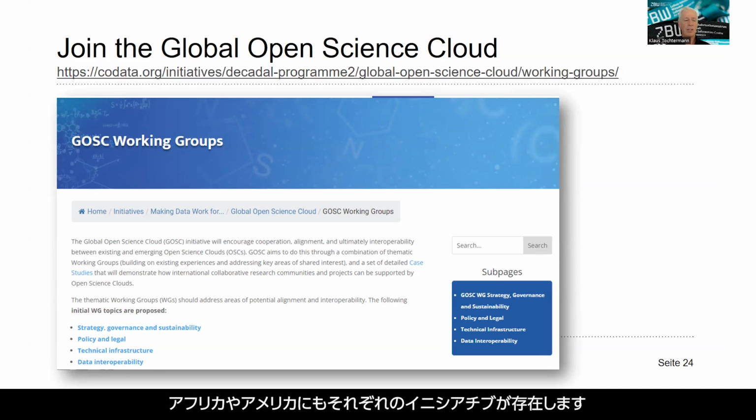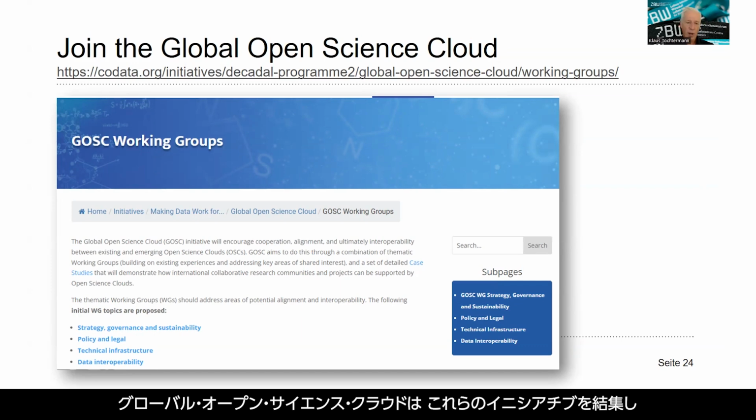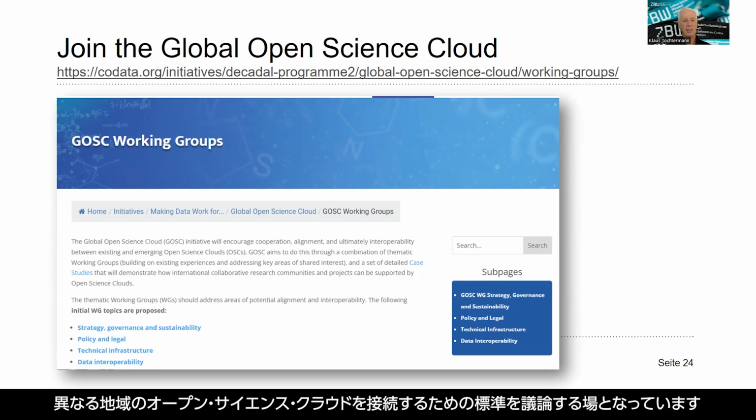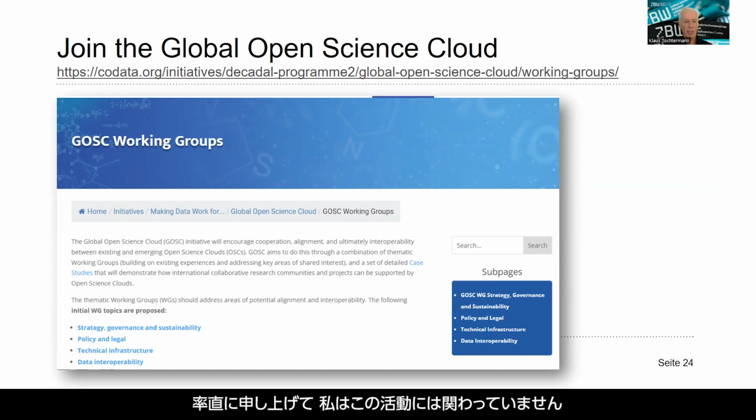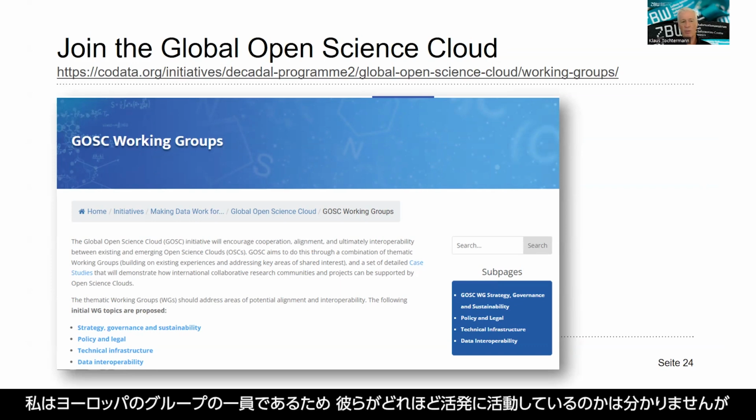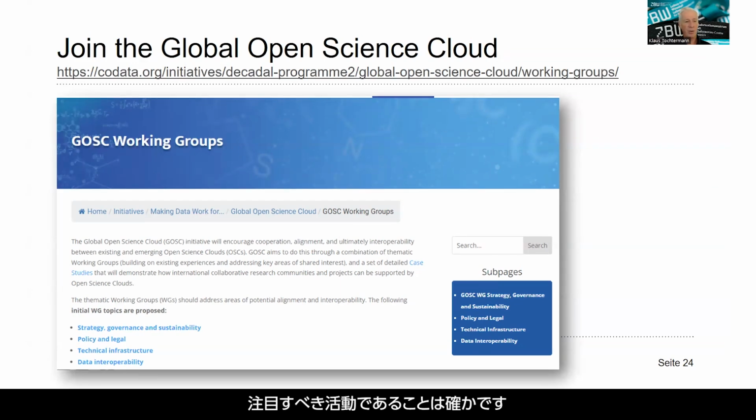We have an initiative in Africa. We have an initiative in the US. And the Global Open Science Cloud brings together these initiatives to discuss standards for connecting the different regional open science clouds with one another. Frankly, I'm not involved in one of the working groups, so I don't know how active they are, but it's certainly an activity to have a closer look at.